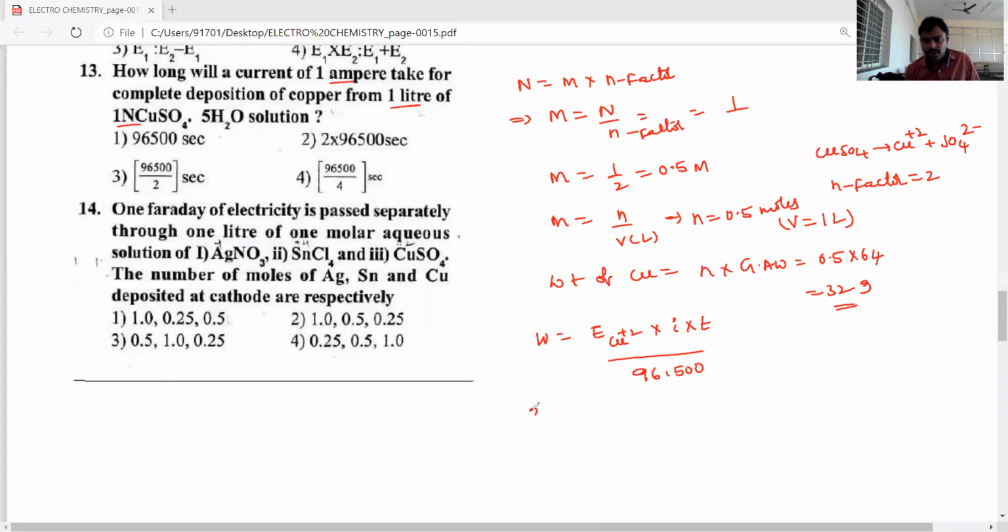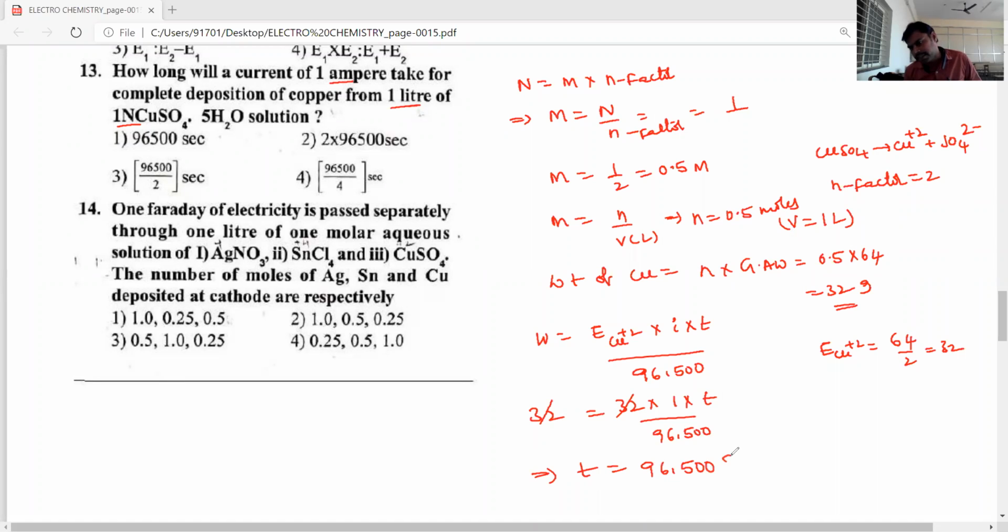So 32 equals 32 into I, where I is 1 ampere, and time T by 96,500. This 1 and 1 will cancel, then T equals 96,500 seconds.